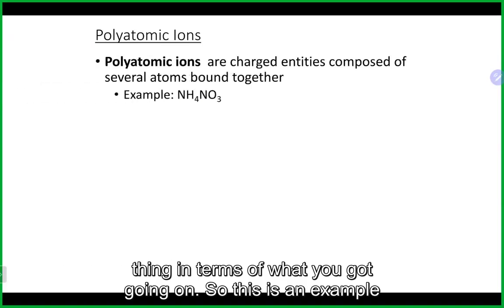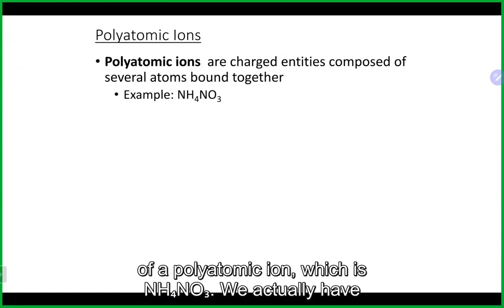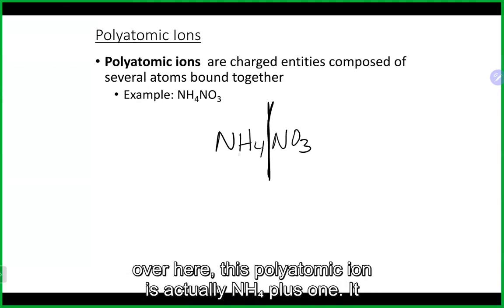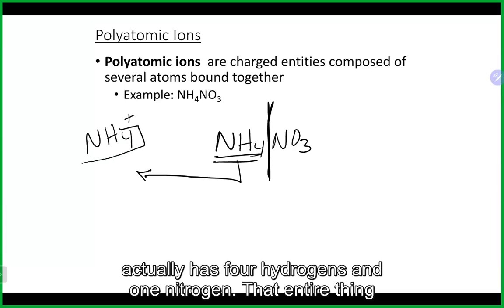So this is an example of a polyatomic ion, which is NH4NO3. We actually have two polyatomic ions in this particular compound here. And over here, this polyatomic ion is actually NH4 plus 1. It actually has 4 hydrogens and 1 nitrogen.